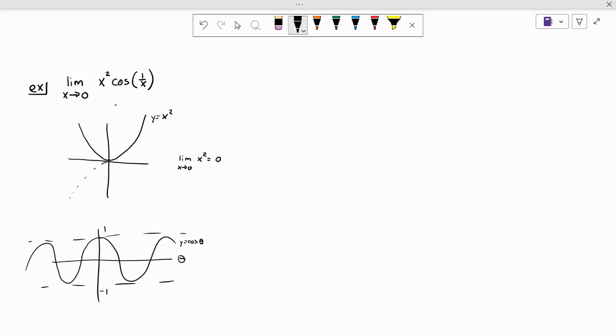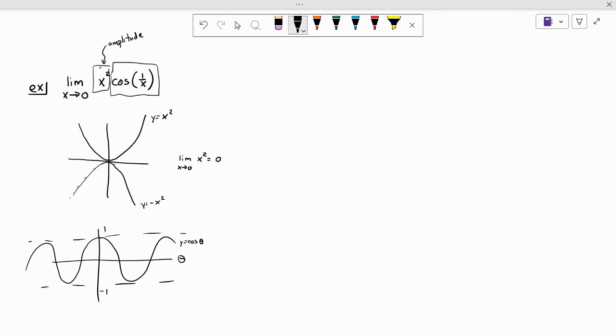So you can think of this as cosine just keeps oscillating between plus and minus 1, but x squared will go to 0 as x approaches 0. So you can think of that as an amplitude that's changing with x. It's a function of x.